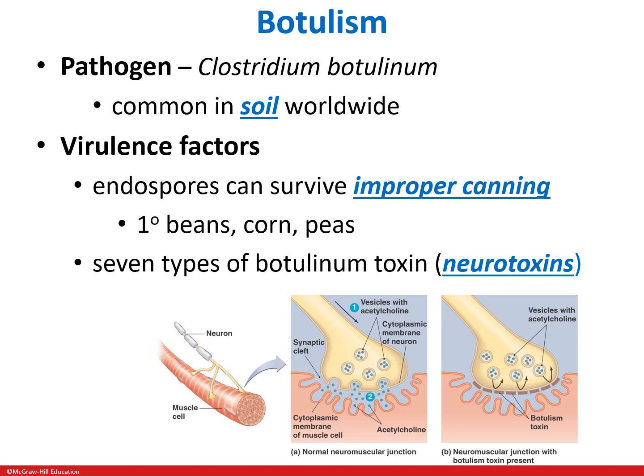But when we say botulinum toxin, there's actually 7 different types, and each has a slightly different virulence, if you will. But these are neurotoxins, and these will permanently bind to the axon terminals of your motor neurons. And so the toxin can be produced in the can and then you ingest the toxin.